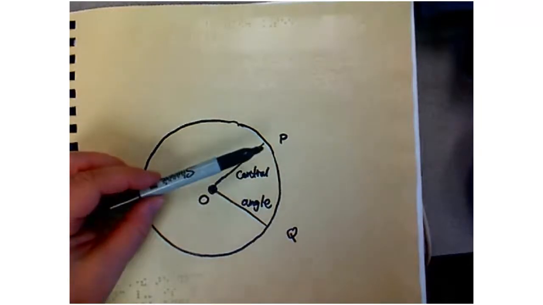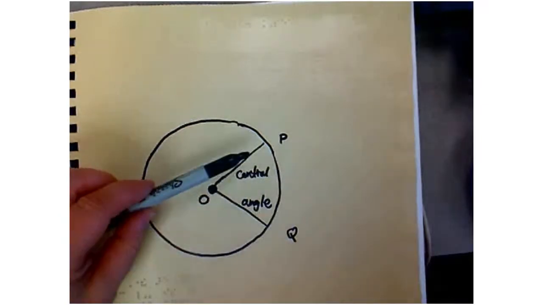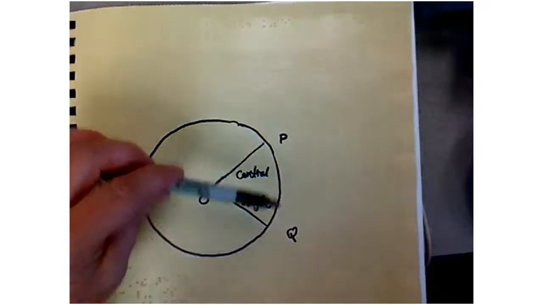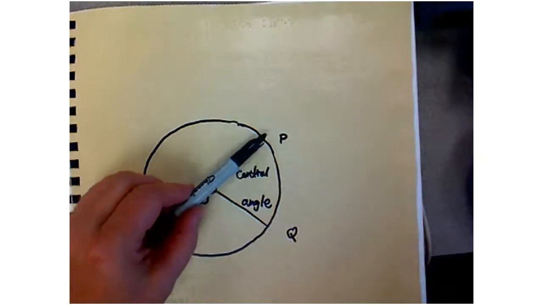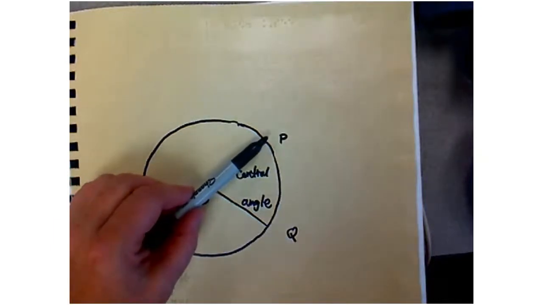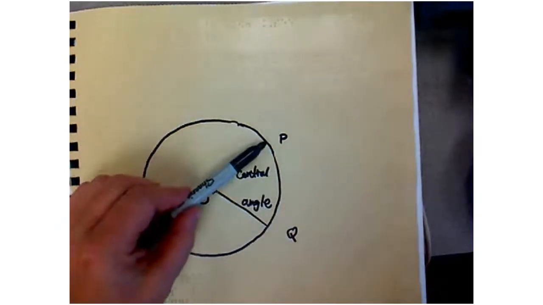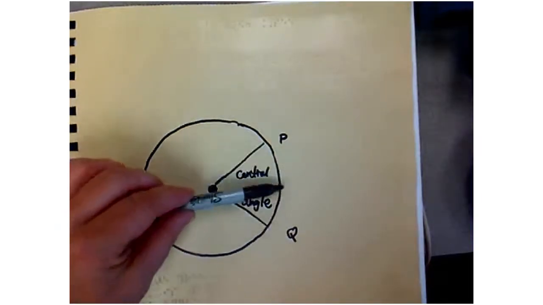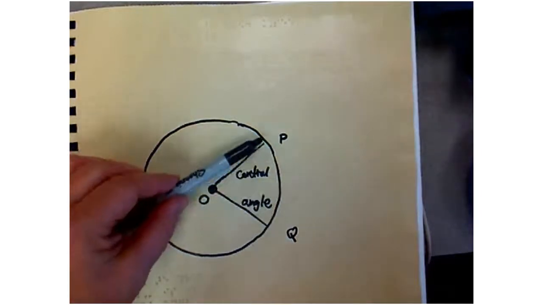On the outside of the circle, there are two things going on. There is a minor arc and a major arc. From P at the 2 o'clock position to Q at the 4 o'clock position, that part of the outside of the circle is called the minor arc.